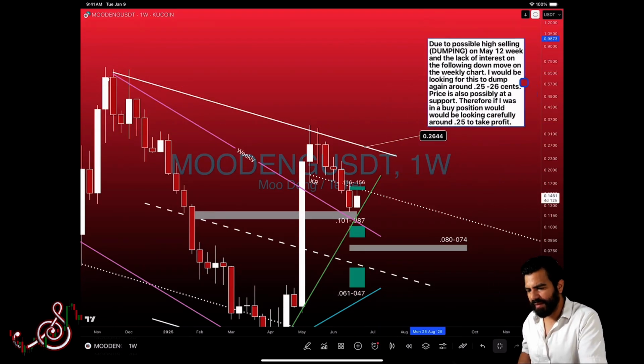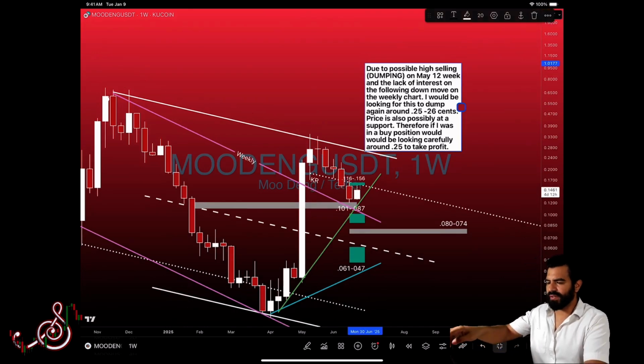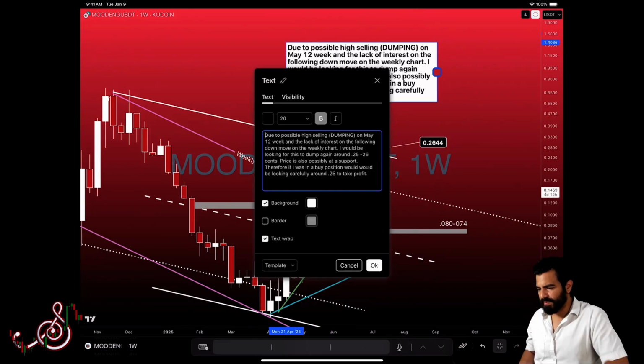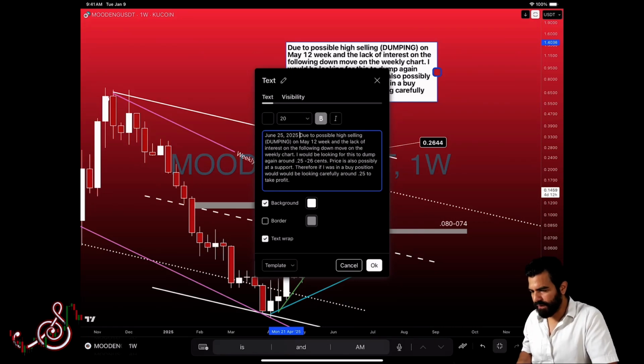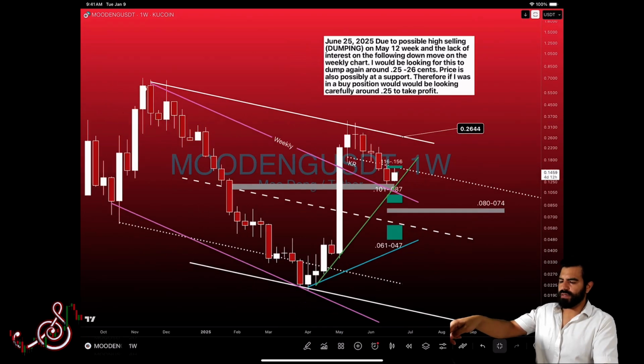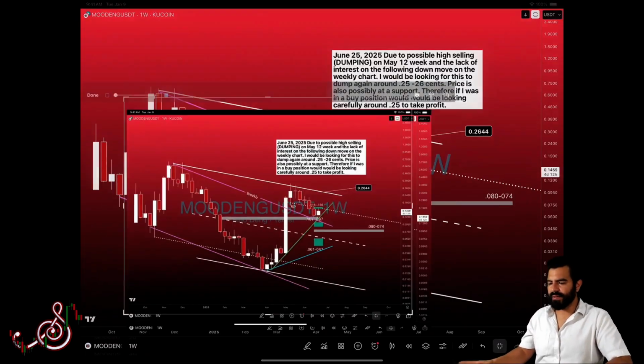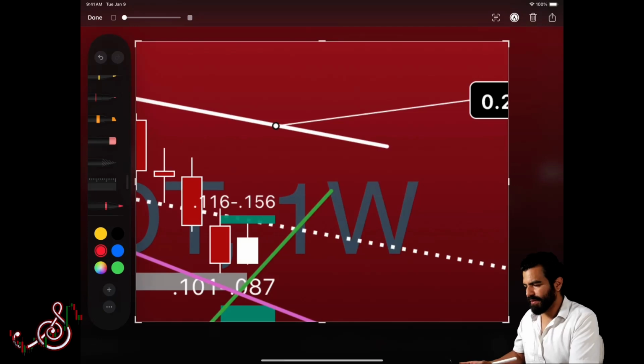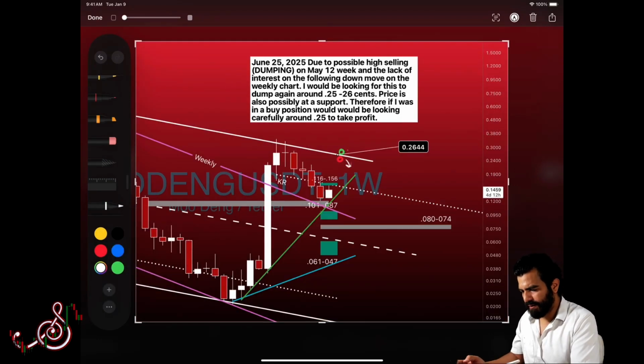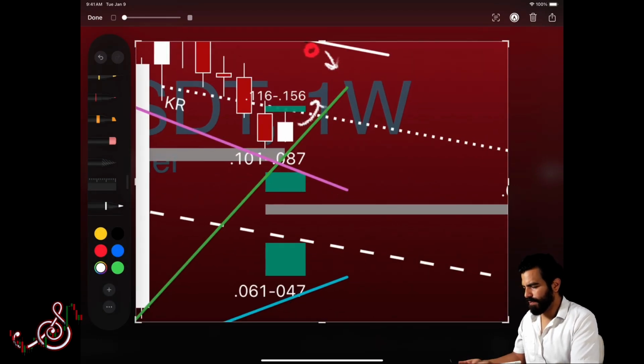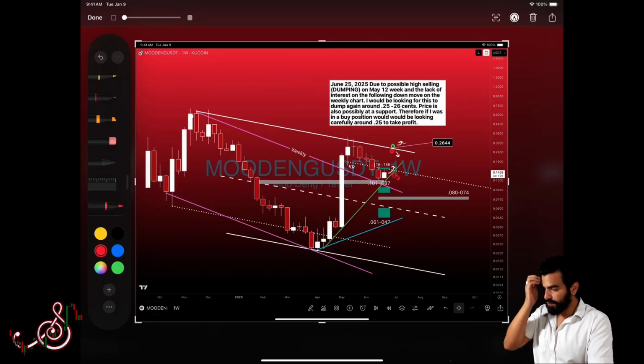I would copy and paste my message on your screenshot and put the date, June 25th, 2025. So that's how I would play it. I'd be looking to exit there if we get there. Otherwise, weakness may come in, and we'll go from there.